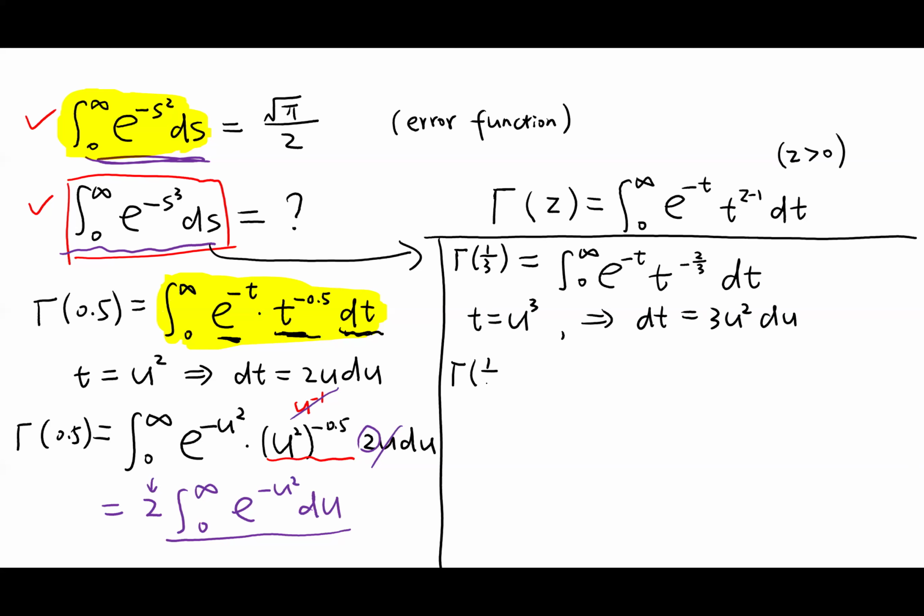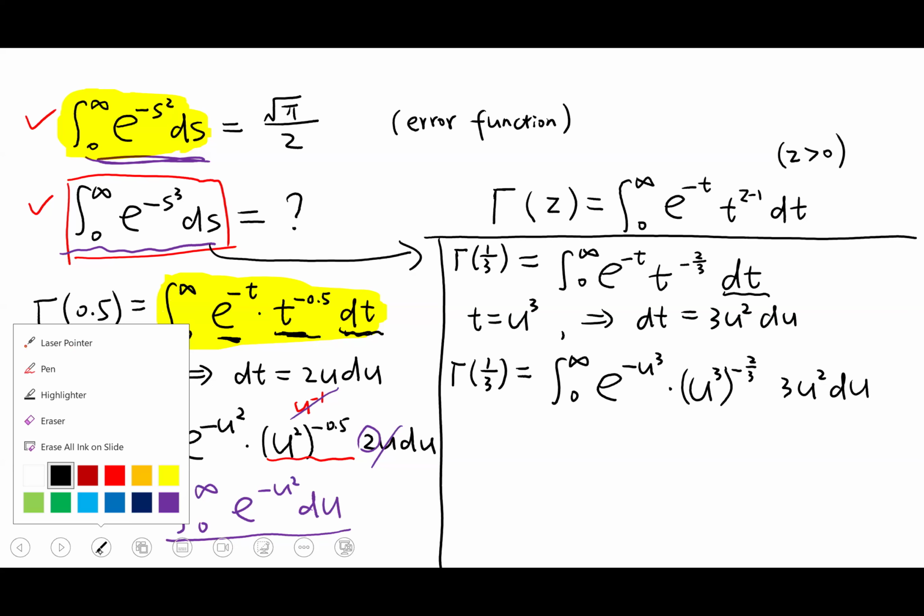So gamma 1/3 equals the integral from 0 to infinity, and then you've got e to the power of negative u cubed times t, so now for t we use u to the power of 3 times negative 2/3, and then dt, right? dt is 3u squared du, okay?